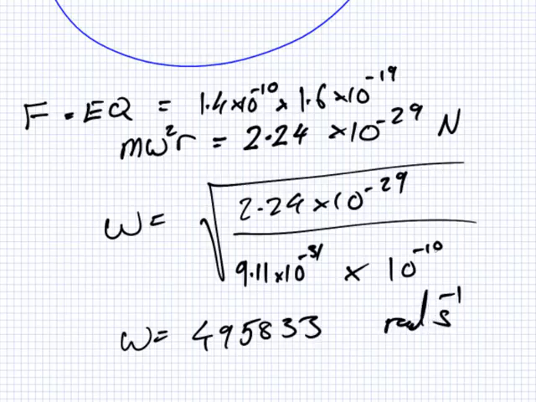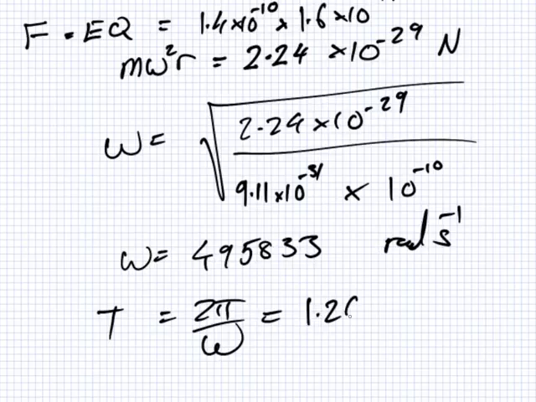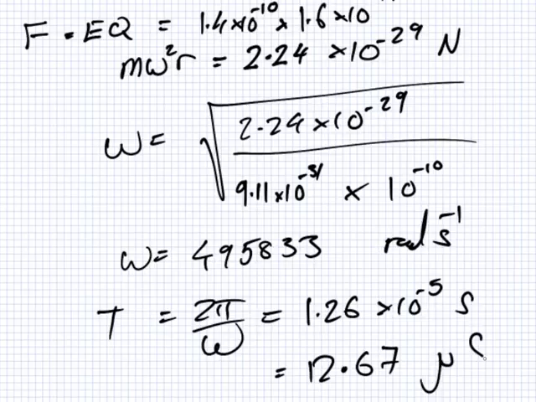But don't forget that T equals 2 pi over omega. So your time will be 1.26 times 10 to the minus 5 seconds. Or if you want, that is 12.67 microseconds.